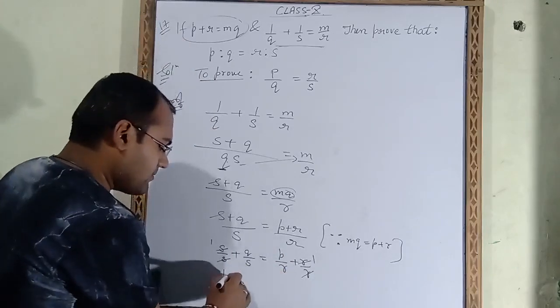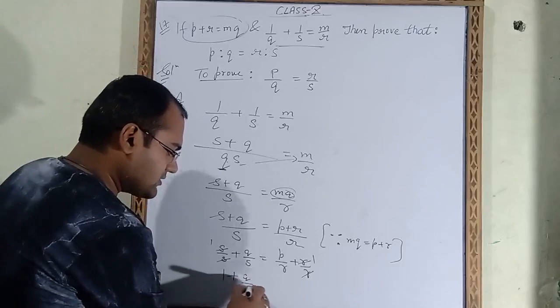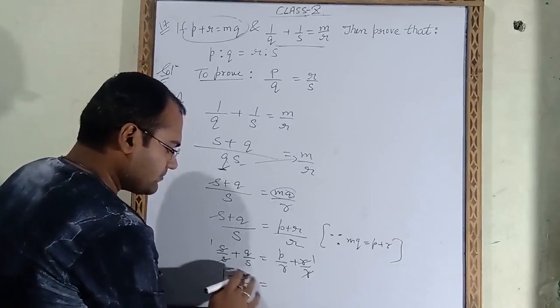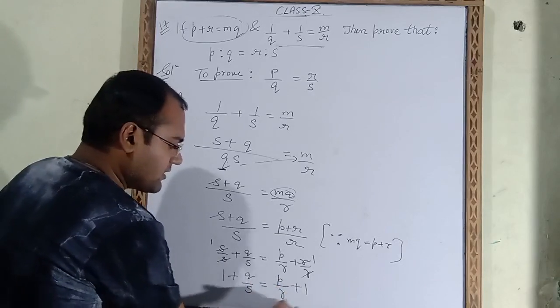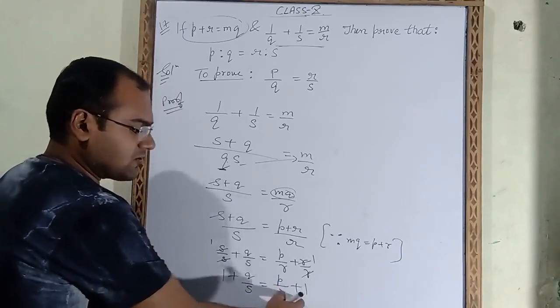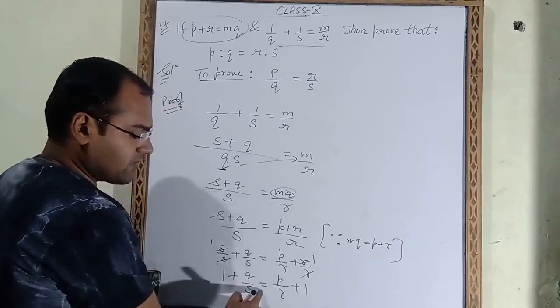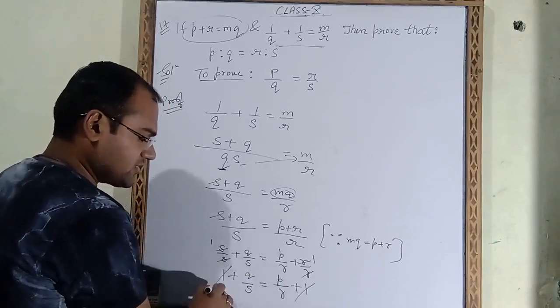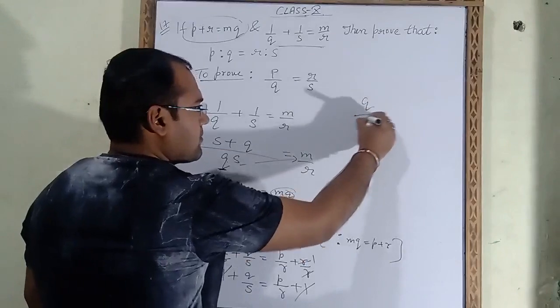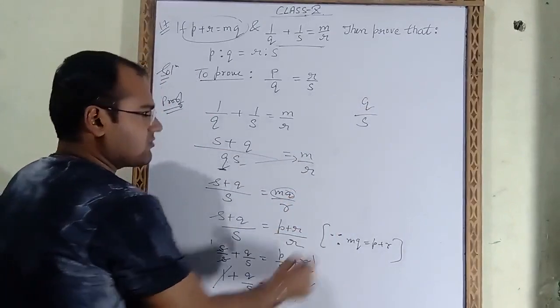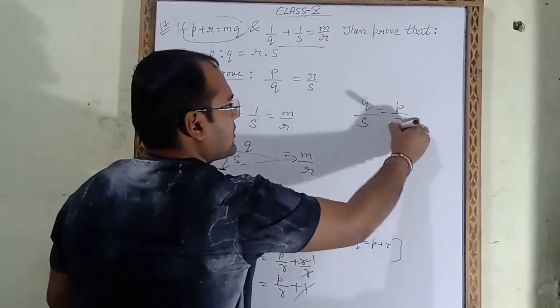Now 1 plus q upon s is equal to p upon r plus 1. Plus 1 is on the left side also, plus 1 is on the right side of equal to also. So these two will get cancelled. So the final answer is q upon s is equal to p upon r.